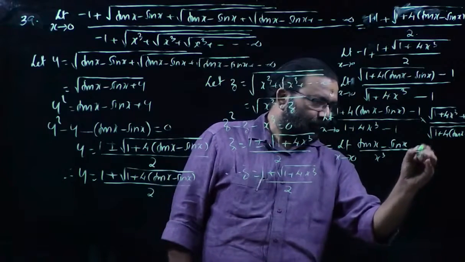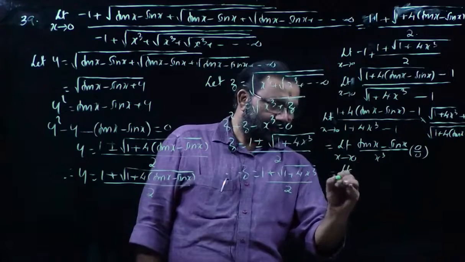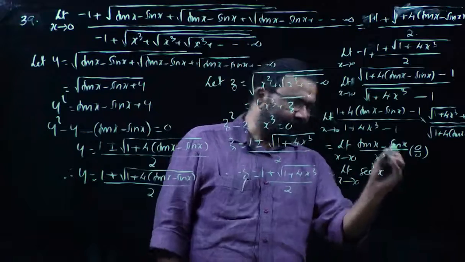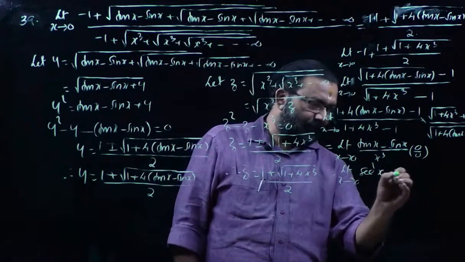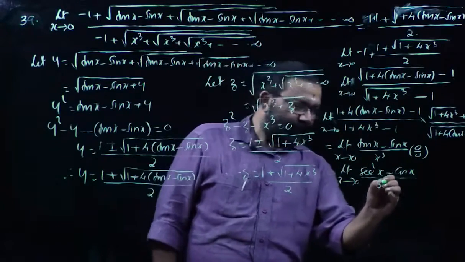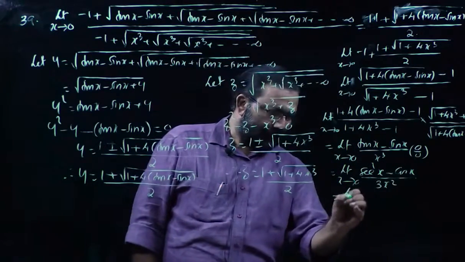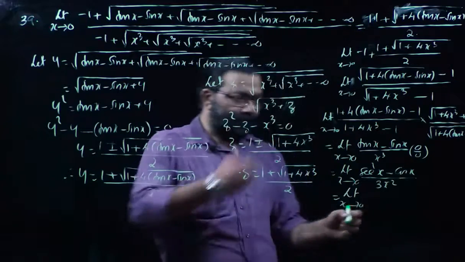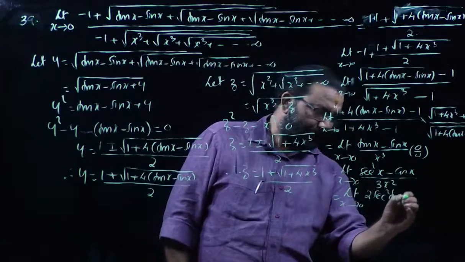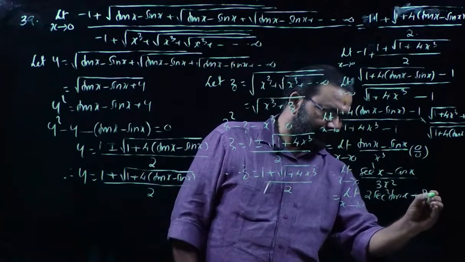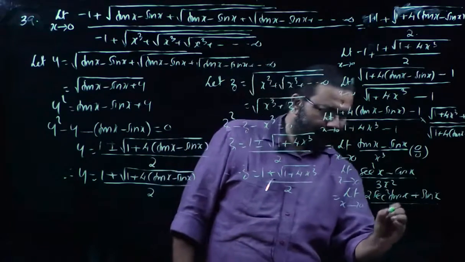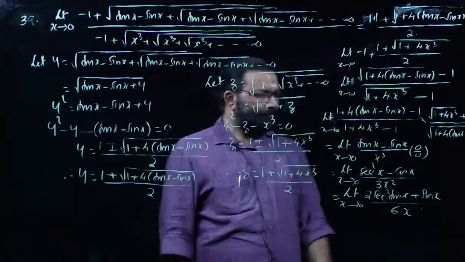This is 0 by 0 form. So this is limit x tends to 0. Derivative of tan x is secant square x, sin x has the derivative cos x, divided by 3x square. So that is limit x tends to 0, 2 secant square x tan x plus sin x, divided by 6x.